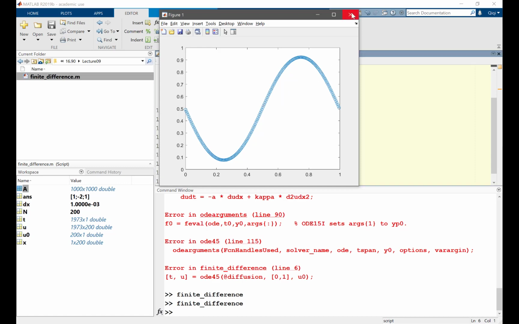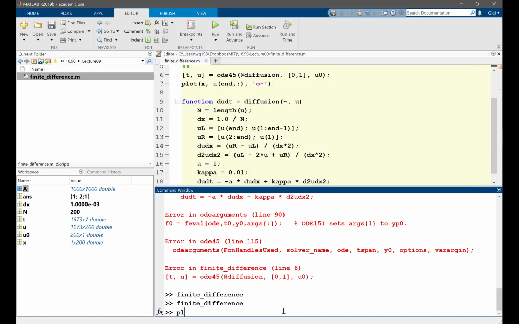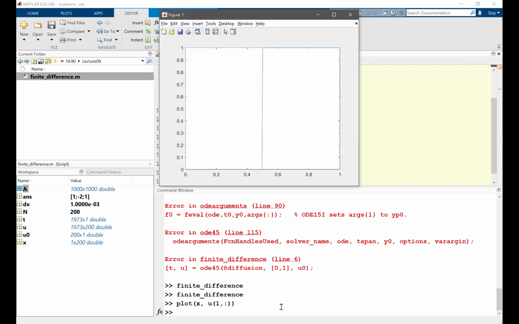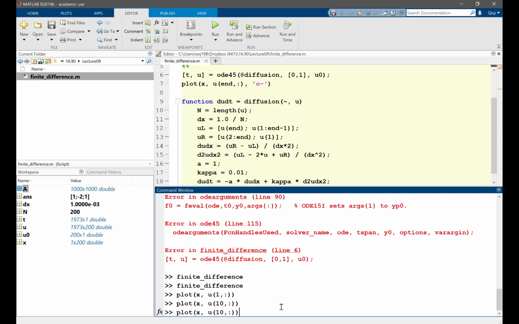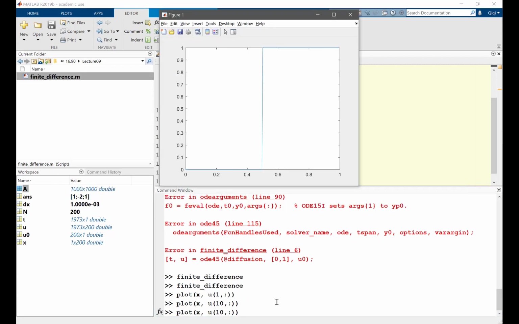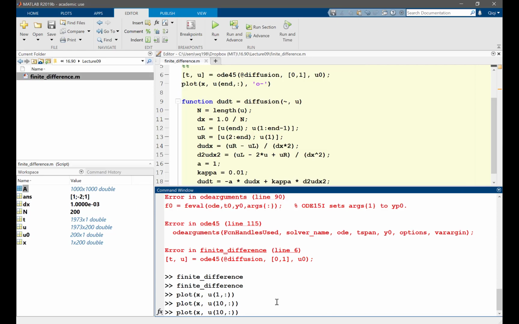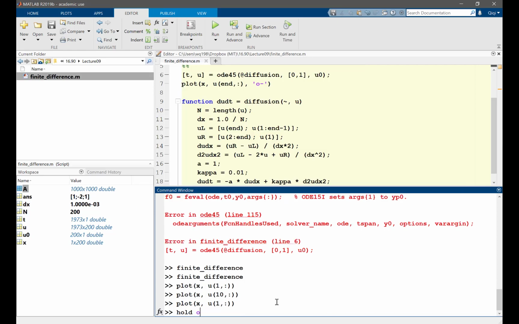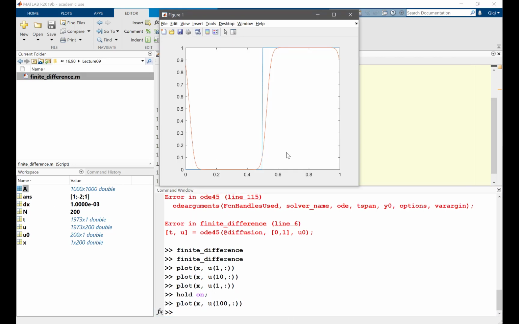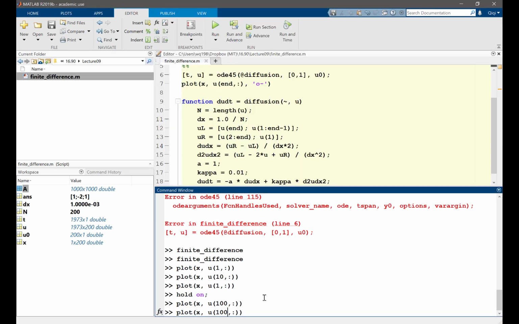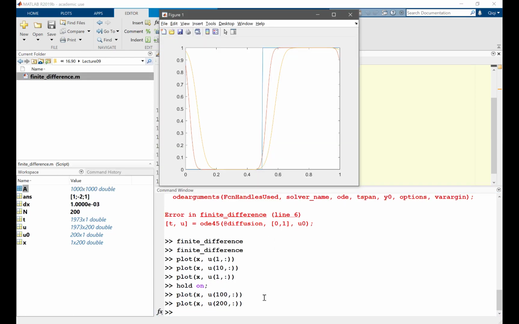And if you want to track the evolution, let's again plot the solution at the initial condition like this. At 10 steps, it doesn't really move anything. Let me do it again and hold on so that we can look at the evolution. At the 100 step, we see the solution starting to get diffused and move towards the right. At 200 steps, it moves further towards the right and diffuses even more.